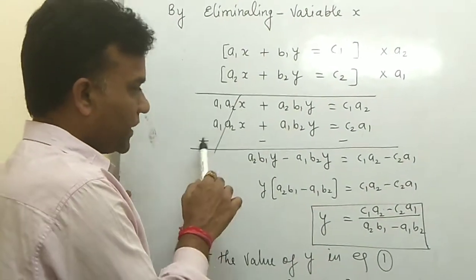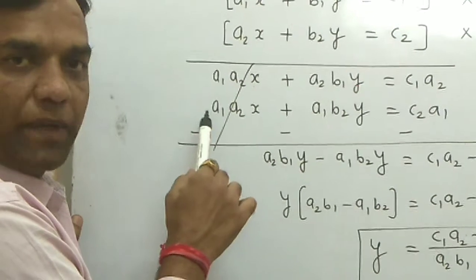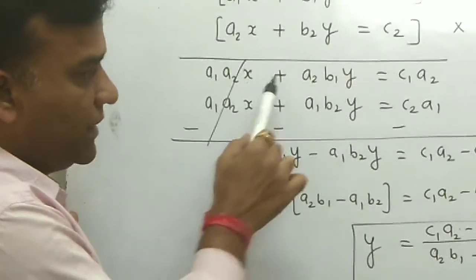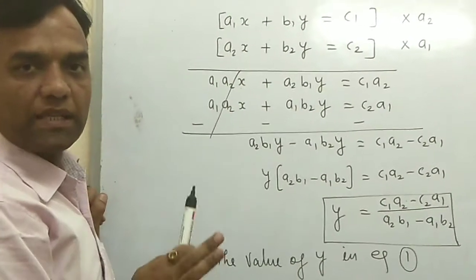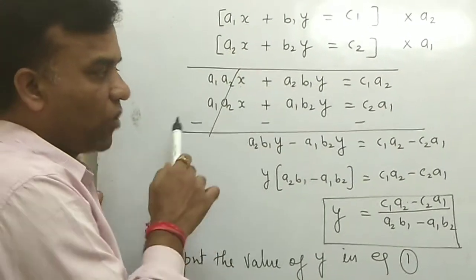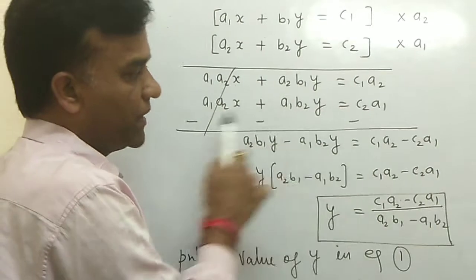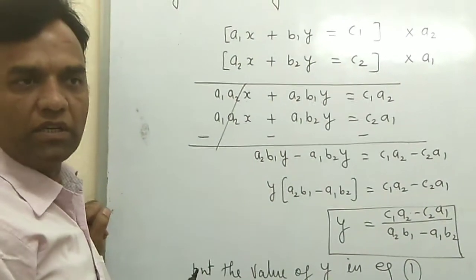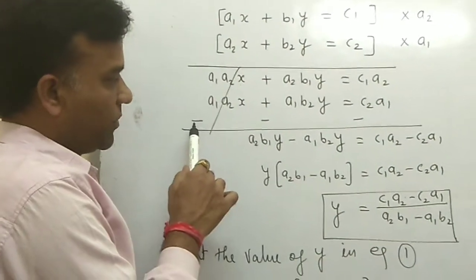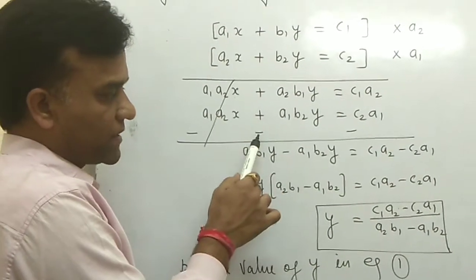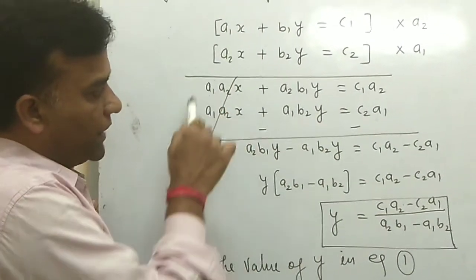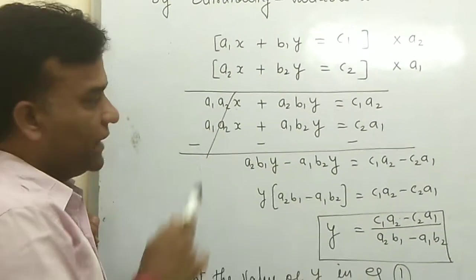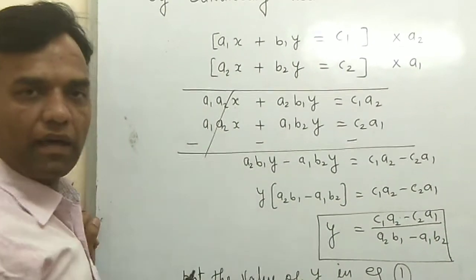Here both are plus, so you change to minus. Not only one particular variable changes sign; the whole equation's variables, coefficients and constant change sign. So plus becomes minus, plus becomes minus, and plus becomes minus. Now the coefficients are the same with opposite signs, so they cancel out.